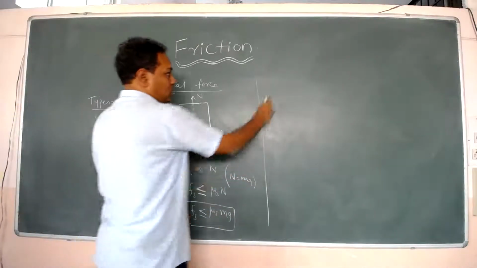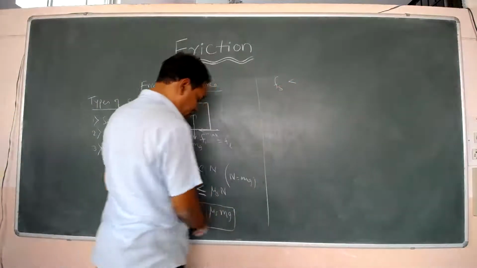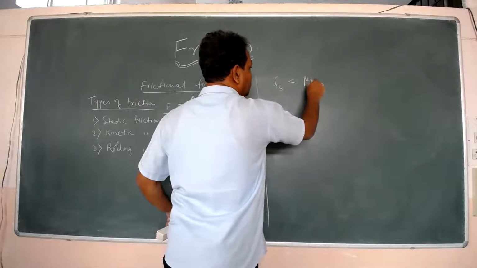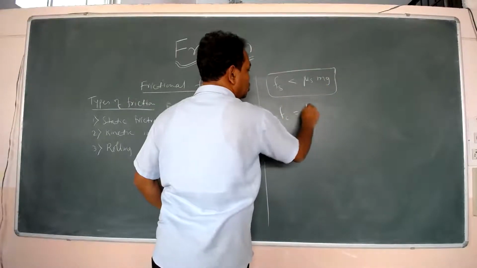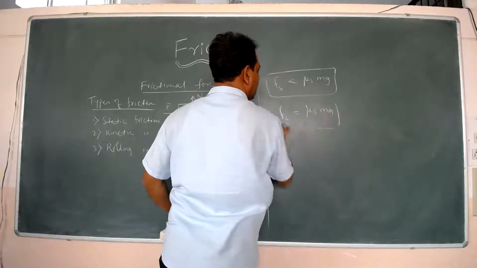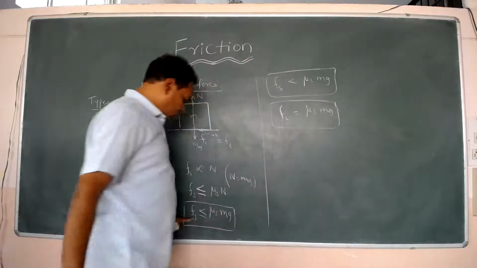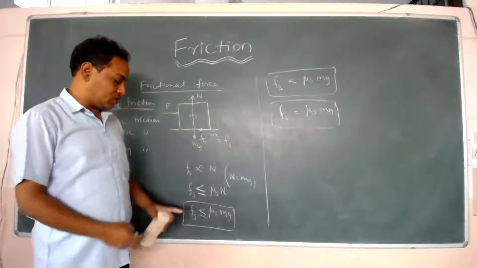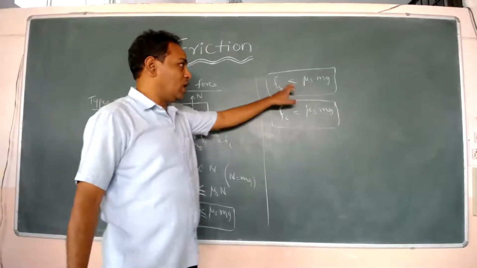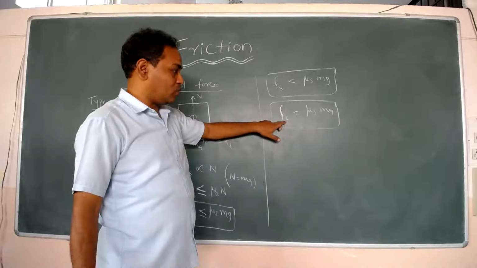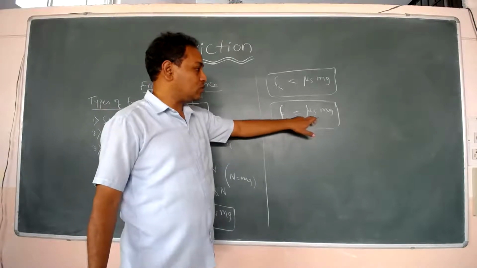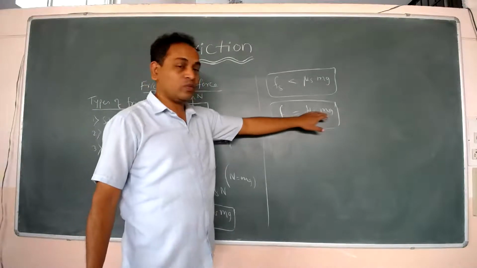From this, Fs is less than mu s into mg, and also Fs is equal to mu s into mg. So from this we are getting two conditions: one is that the frictional force is less than mu s into mg, and second is that Fs is equal to mu s into mg.